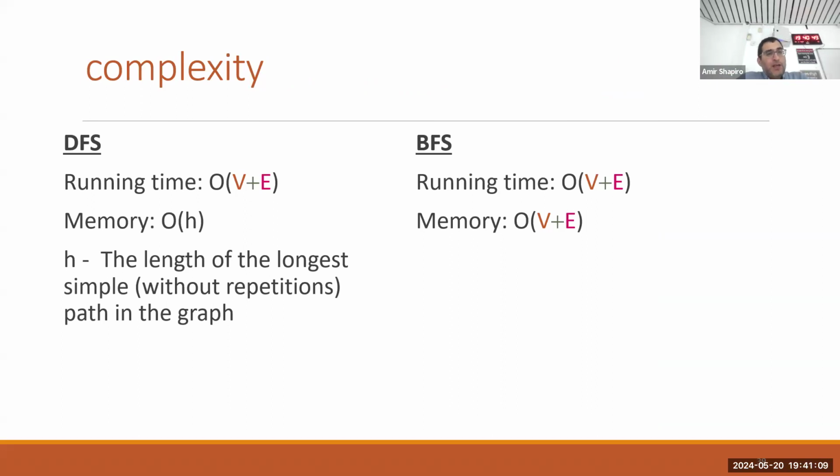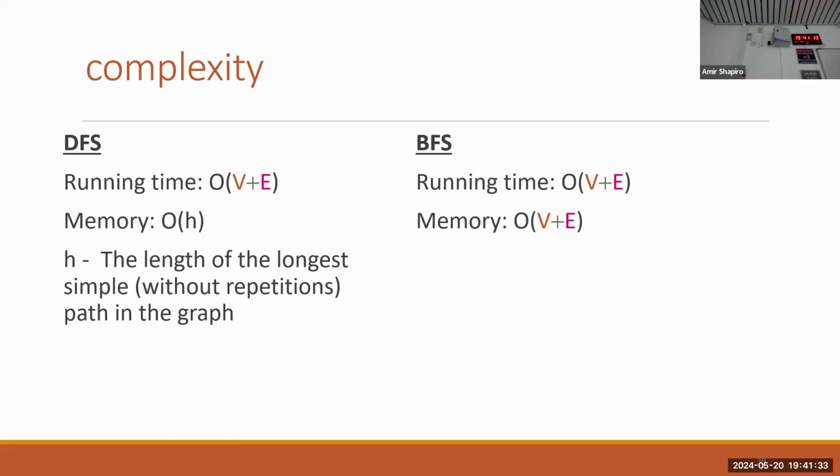So, about the complexity. For DFS and for BFS, the runtime is the same because in the worst case, we need to go over all the vertices and all the edges. The memory here is only the length of the longest simple path.